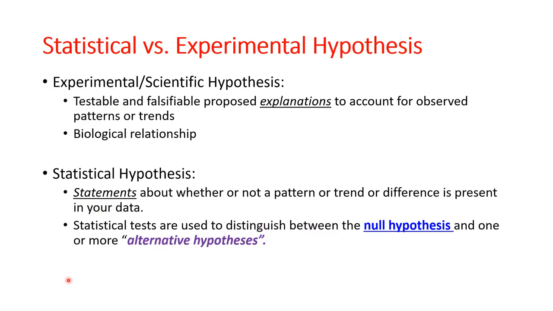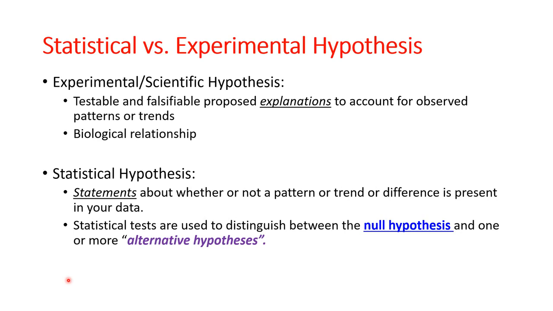When we talk about statistical analysis, you'll notice that we talk about the null and alternative hypotheses. Those are different from experimental or scientific hypotheses, which we use when designing or coming up with our experiment, right? We spend a good chunk of class talking about experimental or scientific hypotheses. They address a biological relationship between two or more variables. They're testable, or falsifiable.